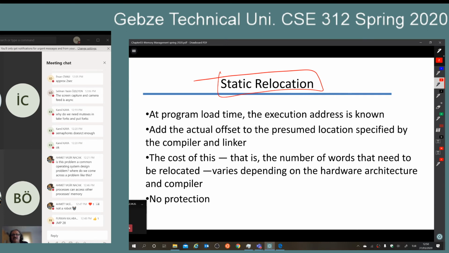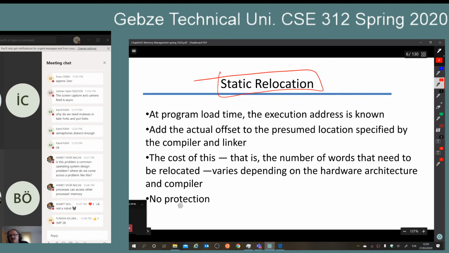The cost is this: you need to know the number of words and the number of addresses to be relocated, and when you load your program, you have to modify them. So loading is a little bit more difficult, and your compilers and linkers have to provide all this mechanism.